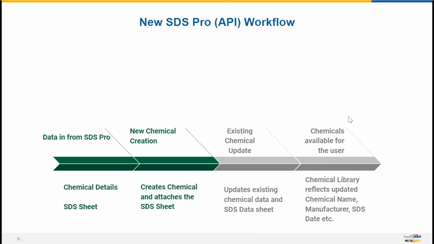When a new chemical has been sent by SDS Pro, the ProcessMap integration engine automatically identifies that, and then it creates a new chemical item in the central repository. And this new item will have complete detailed information, as ProcessMap has already set certain fields as mandatory and necessary to complete the chemical information.